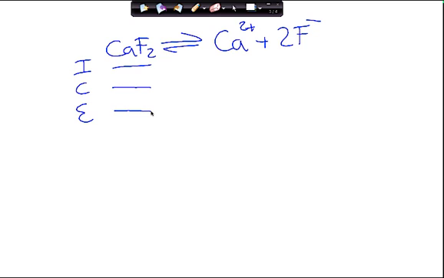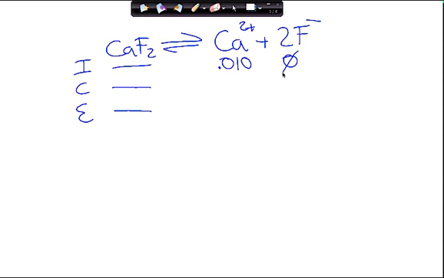And what was it, 0.01? So we are starting with 0.010 molar calcium ion. Where did that come from? From the other substance. How much of this came from the breakdown of calcium fluoride? None. Similarly, there's none of that. Remember, the I is initial.